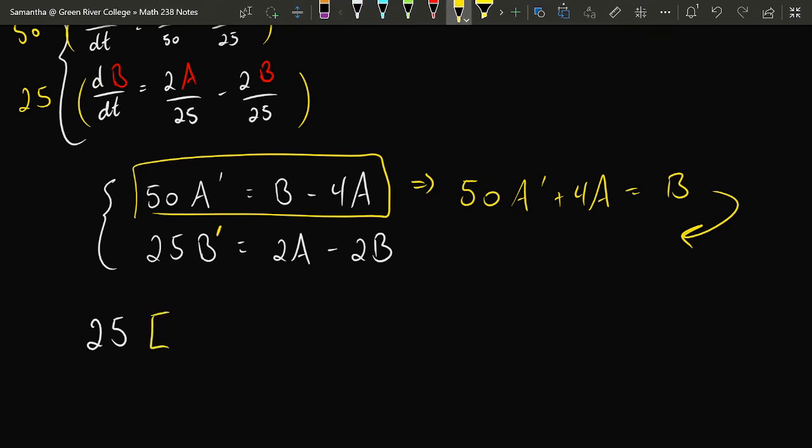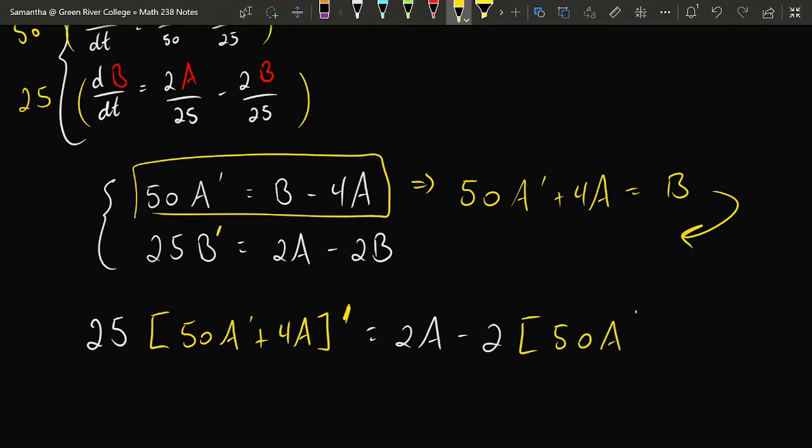25 copies of the derivative of b. The derivative, in other words, of 50a prime plus 4a equals 2 copies of a minus 2 copies of b, where b once again is 50a prime plus 4a.